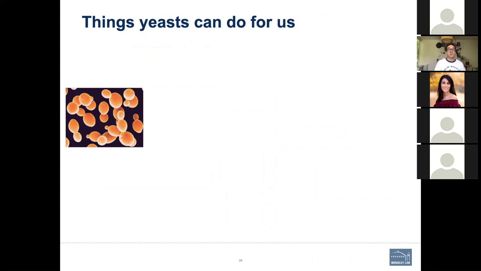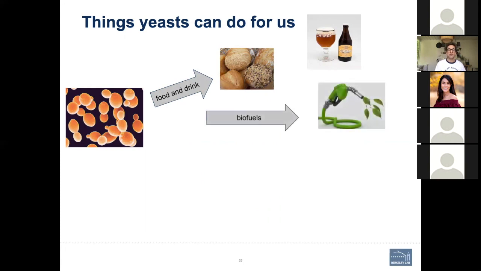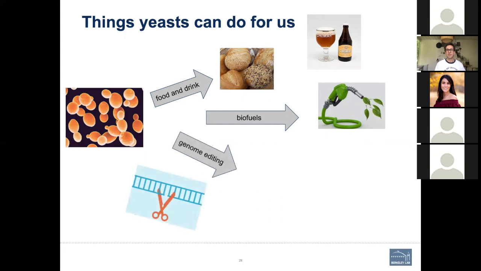And just a few more things that yeast can do for us. So we discussed that the yeasts are useful in food such as our sourdough bread, and also brewing beers. They're also useful in other ways. Through their fermentation abilities, they can produce ethanol, which is something that cars can potentially use as fuel. And their uses don't stop there.